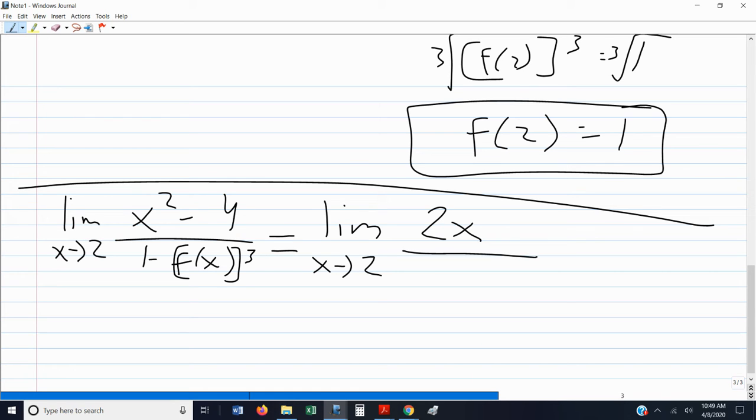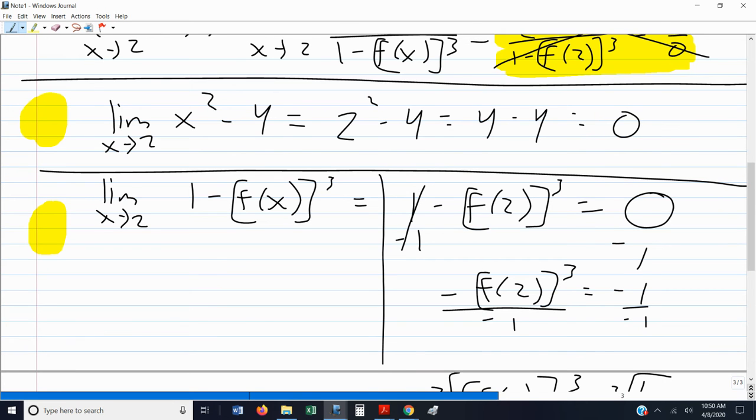The derivative of 1 is 0, but then you would bring down the 3, and you have that negative sign that's sitting there. It's going to be negative 3 f of x squared, and then the derivative of the inside is f prime of x. So this is the chain rule. The 3 moves down, the inside stays, 3 becomes a 2, and the derivative of the inside is f prime of x.